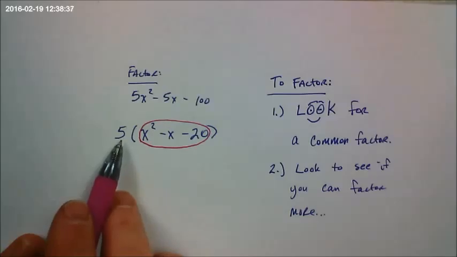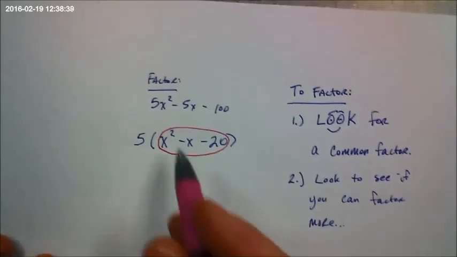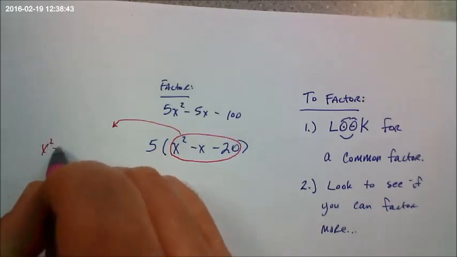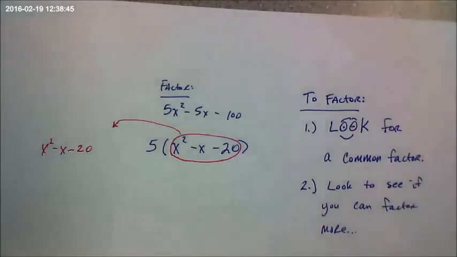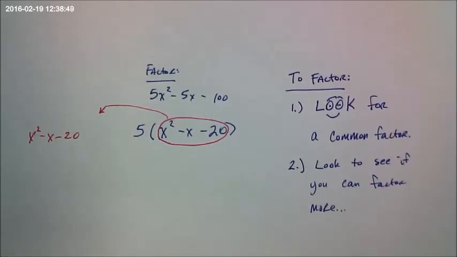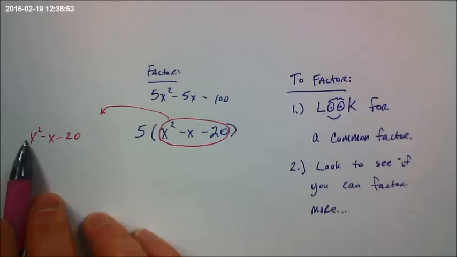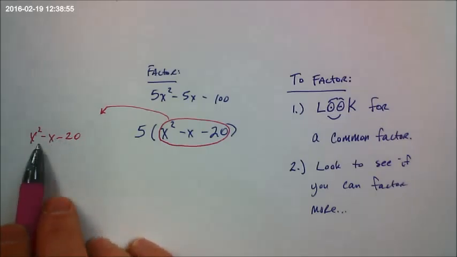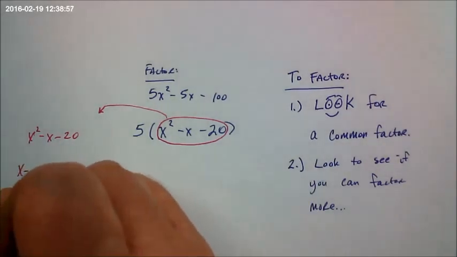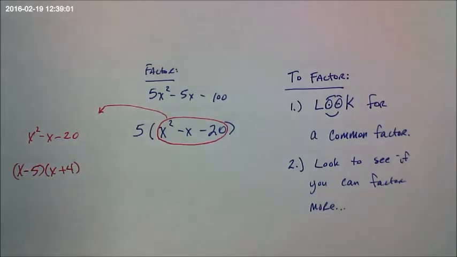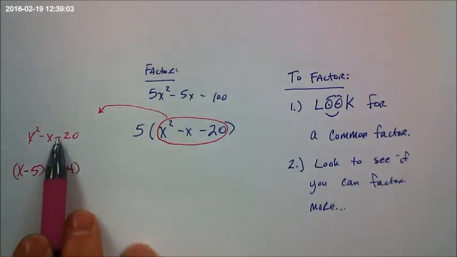Don't forget the 5, it's part of the answer. But I'm going to do this as scratch work over here. X squared minus x minus 20. You have to see what multiplies to negative 20 and adds to negative 1.